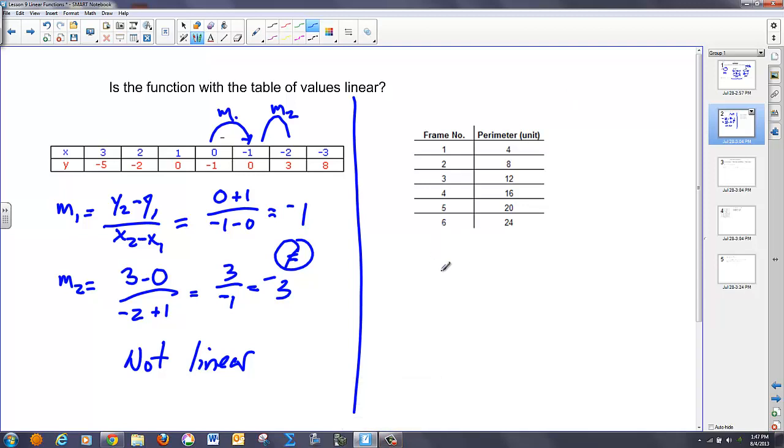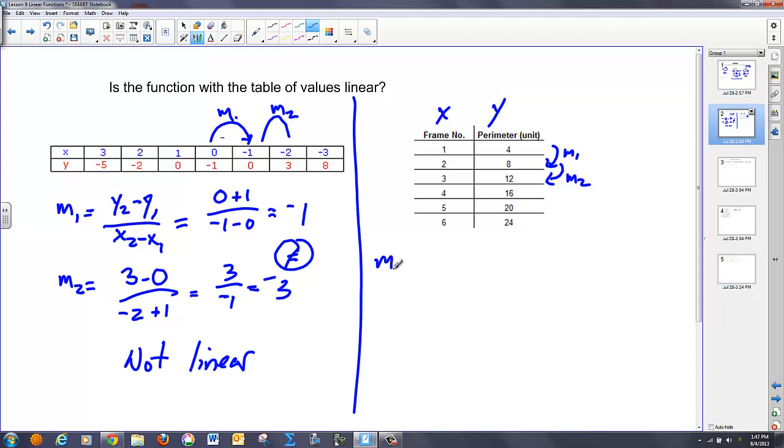Let's check this second frame right here. We'll call this x, call this y, and we'll find out this slope from point to point and this slope from point to point. Call this m1 and m2 and see if they're the same.